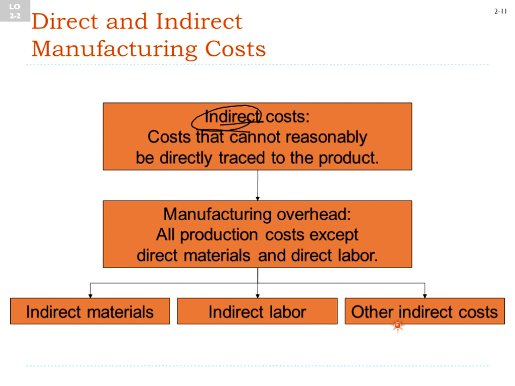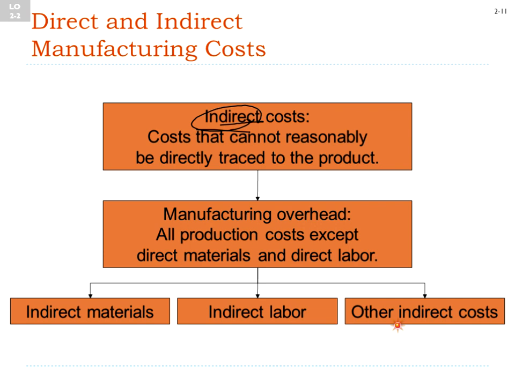So going back to the furniture example, let's say you use wood to build your furniture, solid wood, and maybe you're as meticulous as that airplane builder that I mentioned, and you're able to trace every piece of wood to each piece of furniture that's built. So that would be a direct material, right?